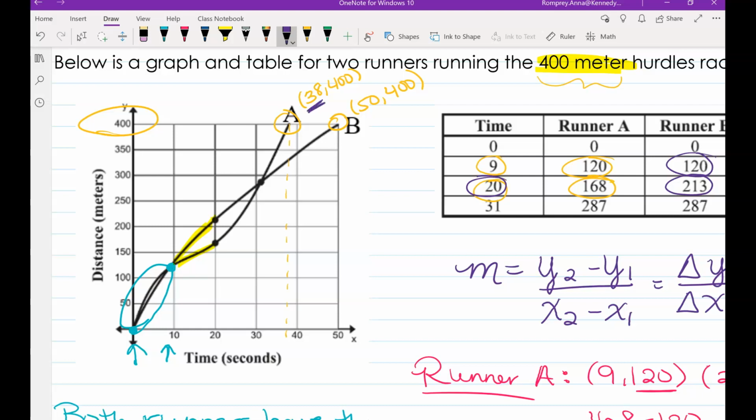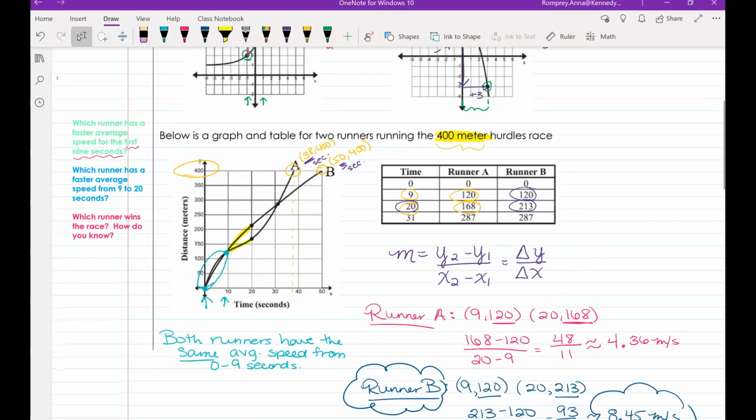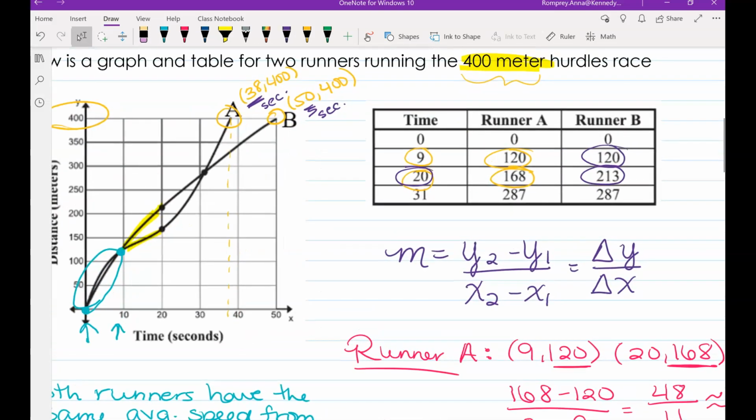So who wins? 38 or 50? Well, runner A takes 38 seconds to reach that 400 meters. And runner B takes 50 seconds to reach that 400 meters. So who won? Runner A won. How do we know? Because they ran it in the least amount of time.